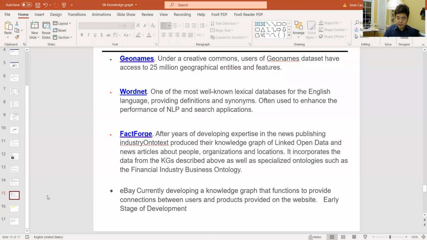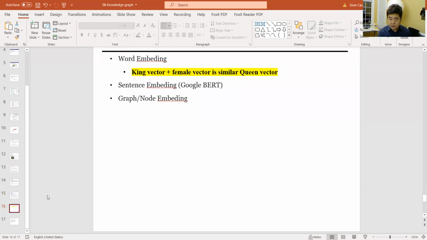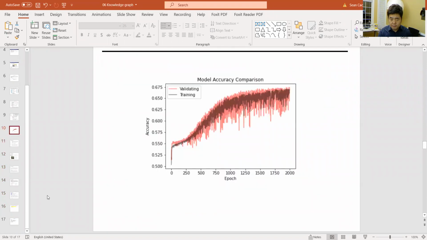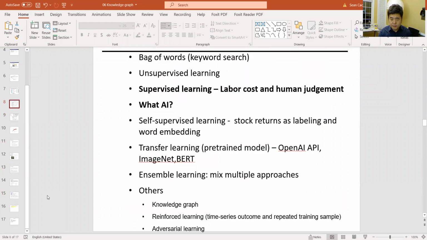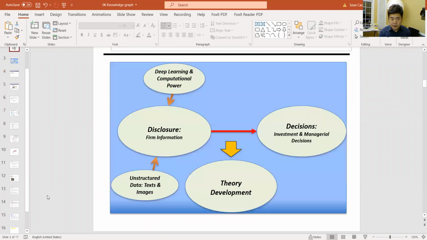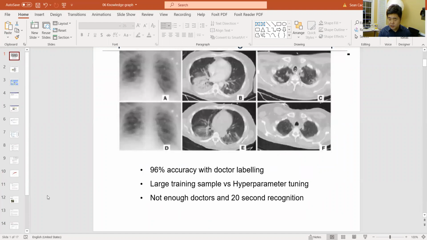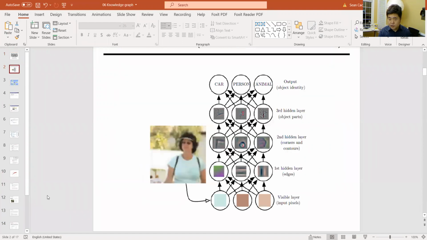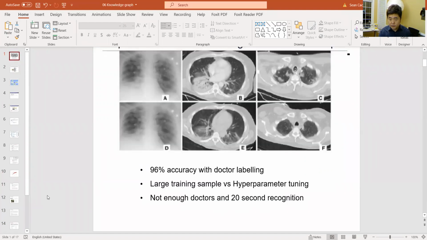Even the examples I gave you, all the stuff they built is for the community, and it's a high cost, a cumulative work. So, just a quick summary: we can use the knowledge graph to actually generate new knowledge.